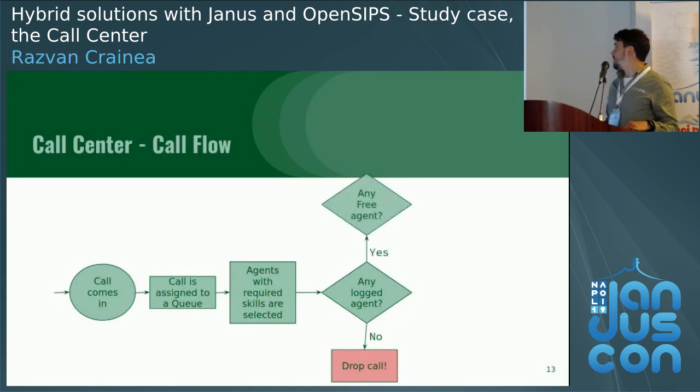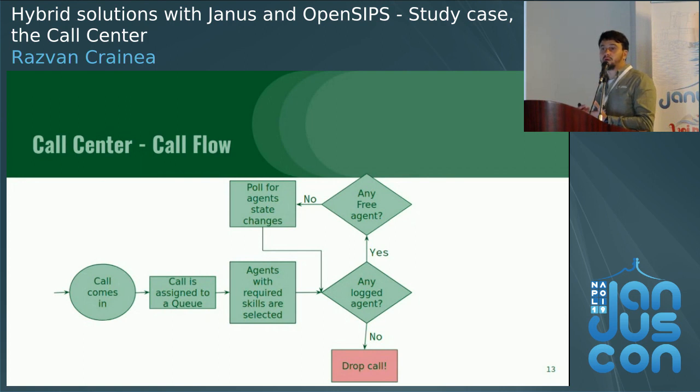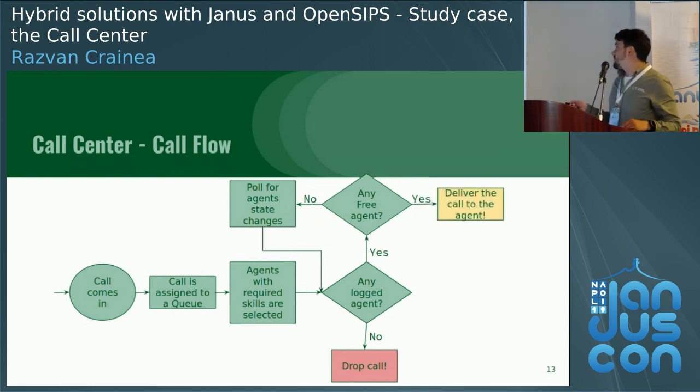But if there are agents, it will check whether there's any free agent. If not, it will simply stop and poll until an agent becomes available. Or if there is a free agent, then it will deliver the call to that agent.